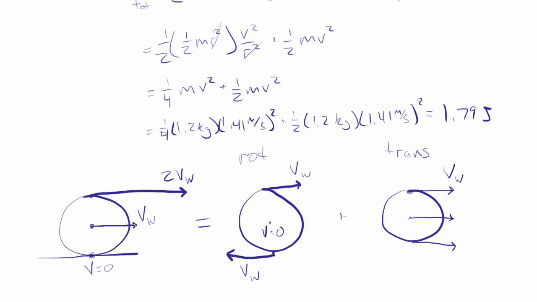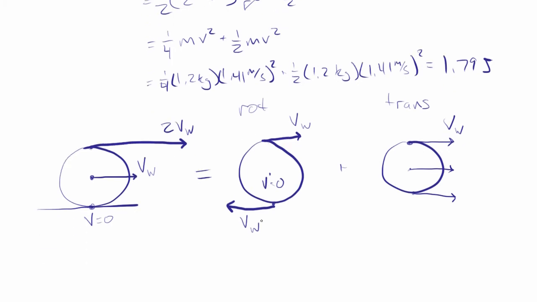Just like I've drawn in this picture. And you can even do the math here. If you add the top points of both wheels, you get VW plus VW, that's 2VW. VW plus 0 is VW, and then VW minus VW is 0 down here. All right, so the picture is consistent. Yeah, this one is pointing to the left, so if you're adding them together, right. That's correct.